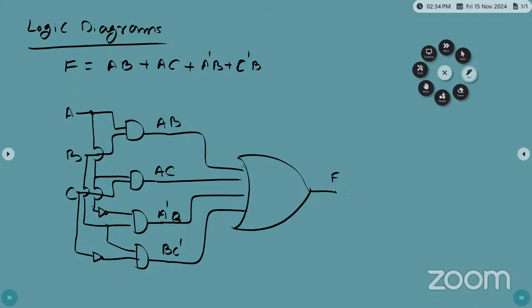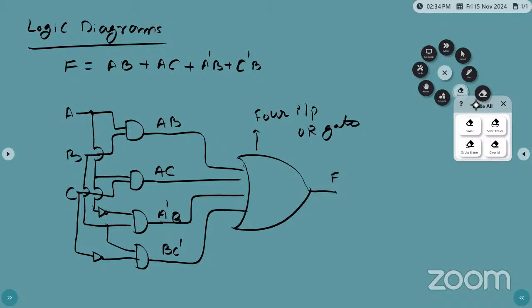This is the 4 input OR gate. Now you can see the 3 input or 2 input OR gate.